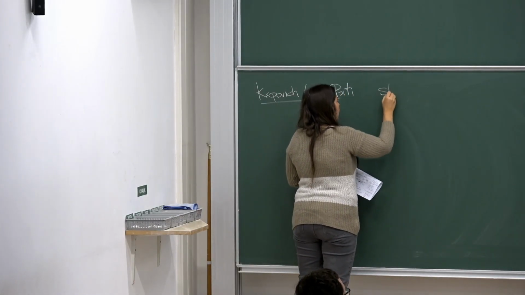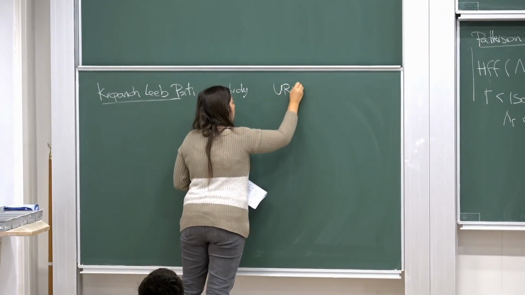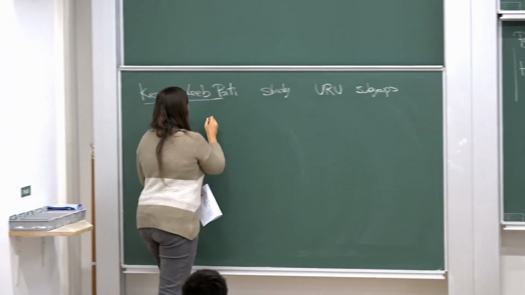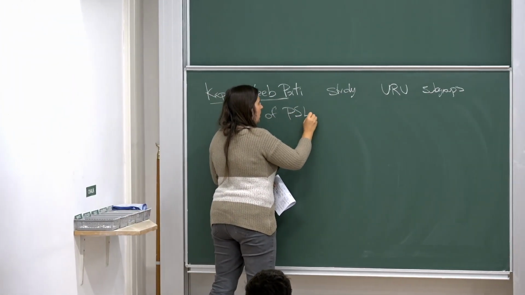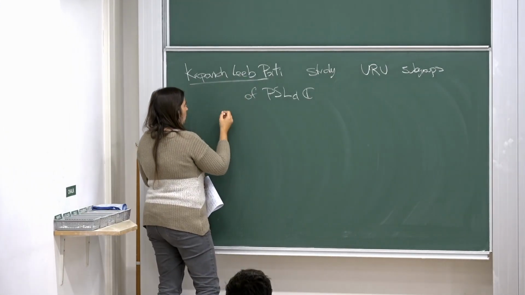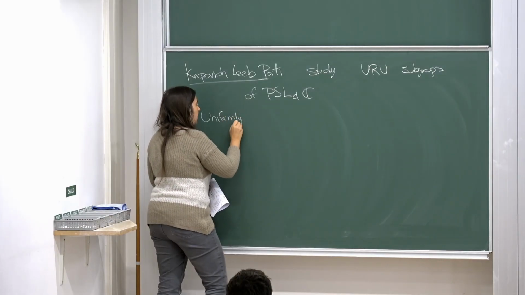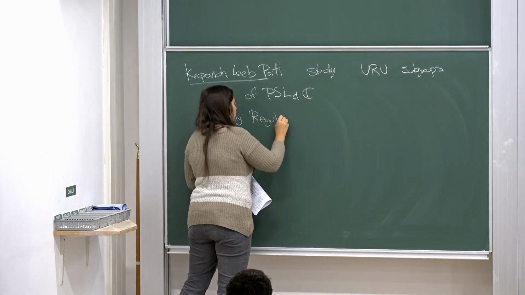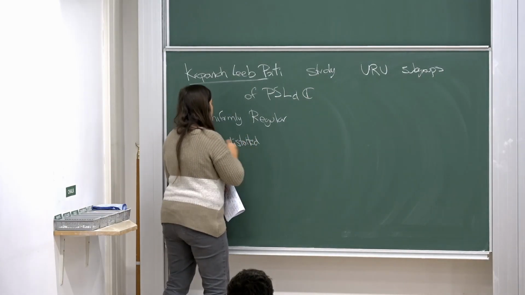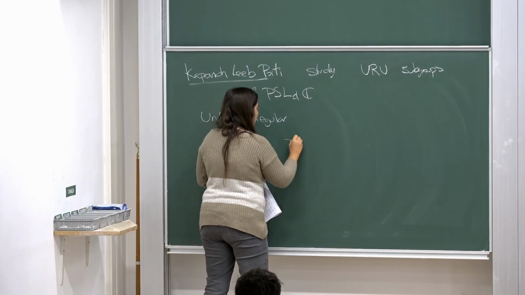They study what they call URU subgroups of PSL(d,C), where URU stands for uniformly regular and undistorted, where undistorted means that they are quasi-isometrically embedded.